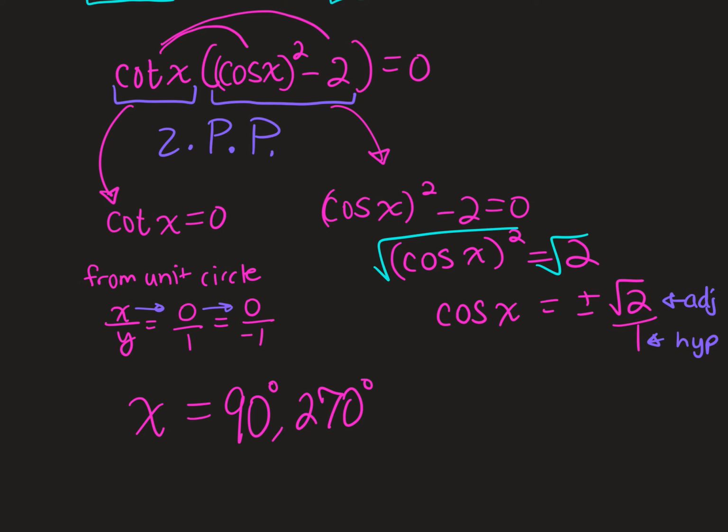I'm going to check to see if there's a solution. What do I notice about this again? Hypotenuse is less. Yeah. So our hypotenuse is less than the adjacent side, which tells me there's no solution for this one.